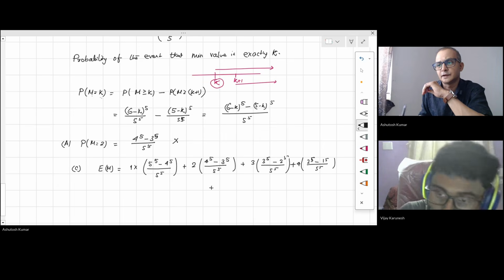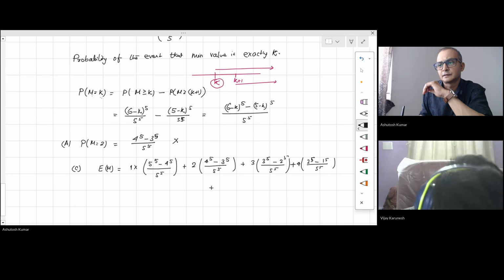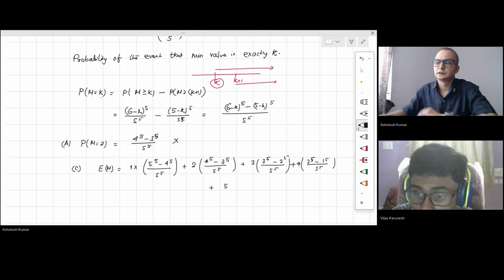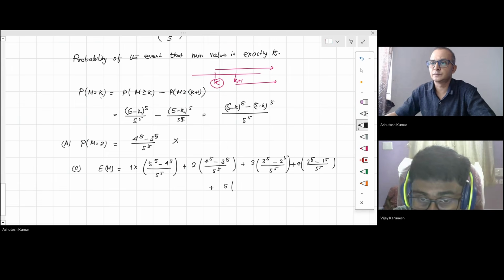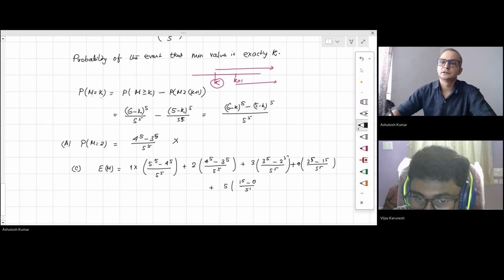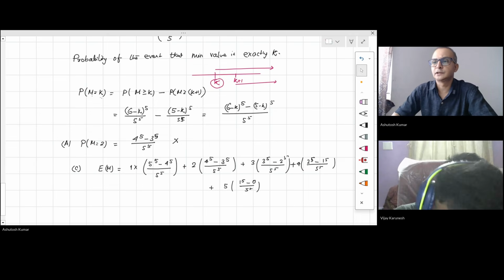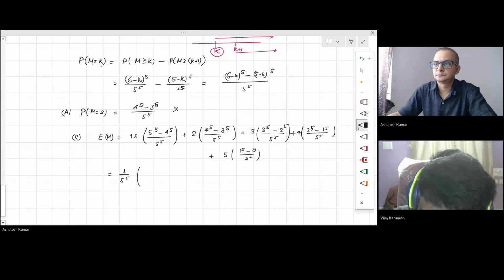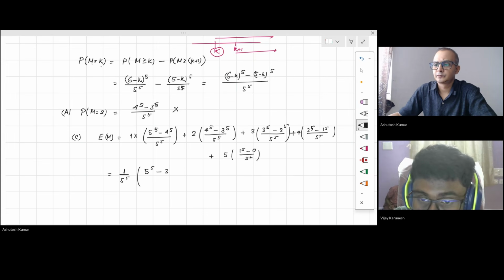And finally, 5 into 1 to the power 5 minus 0 by 5 to the power 5. You can take 5 to the power 5 common from all of them. And what we get here is 5 to the power 5 minus 3 times 4 to the power 5.